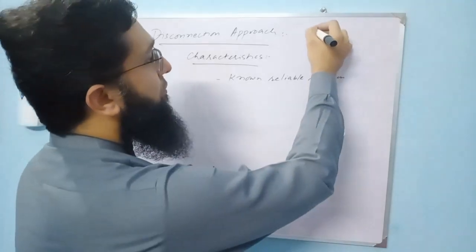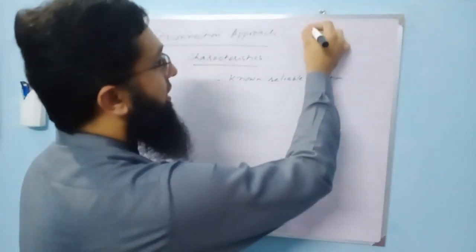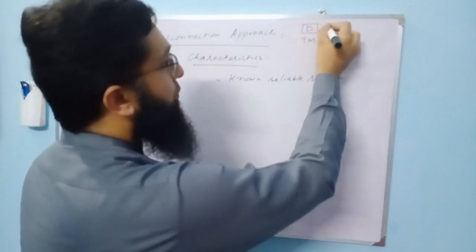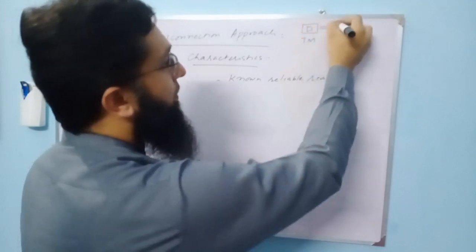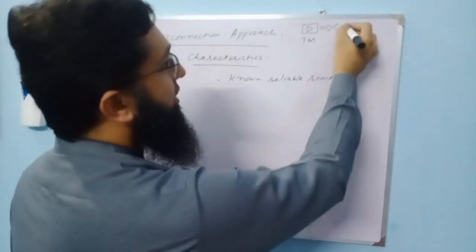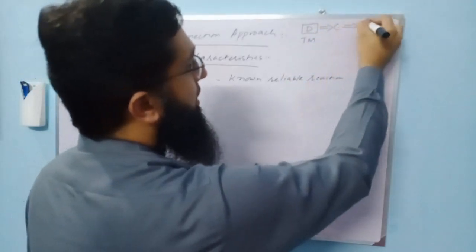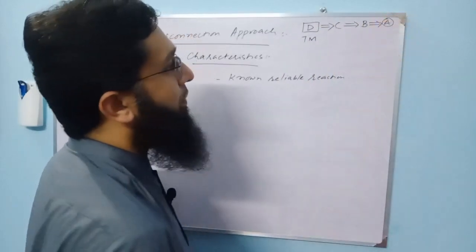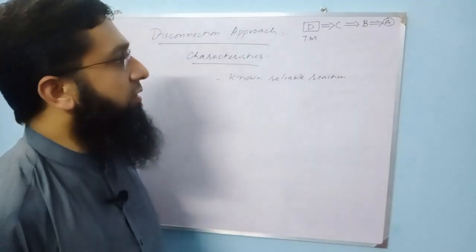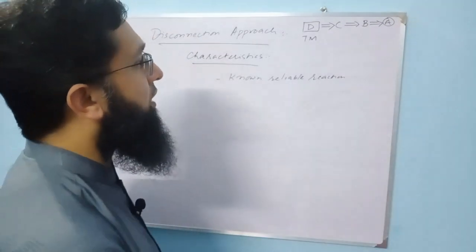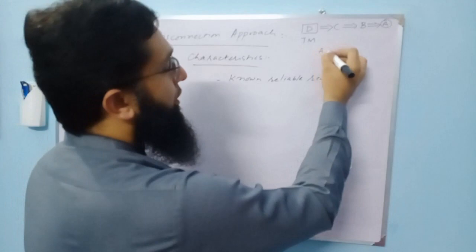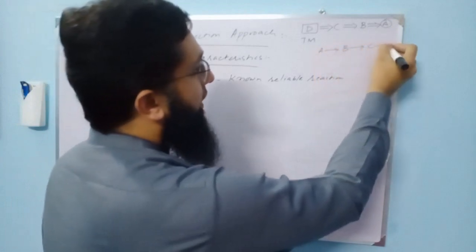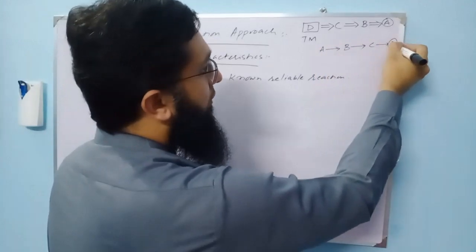For example, we want to prepare D as target molecule, and we suppose that it could be obtained from C, and C could be obtained from B, and B can be obtained from A, which is commercially available. While doing the synthesis, we have to use A converting to B, then B converting to C, and C converting to our target molecule.